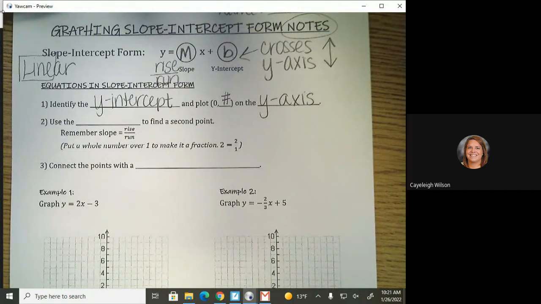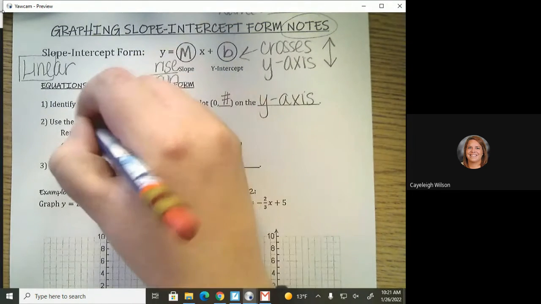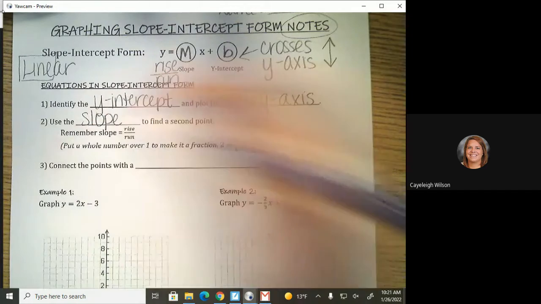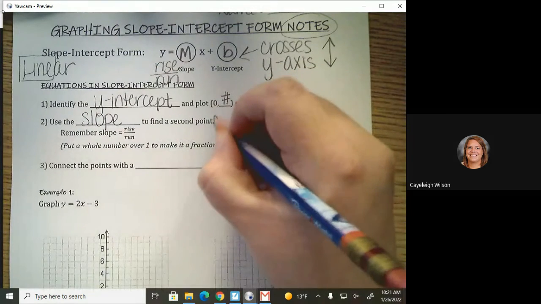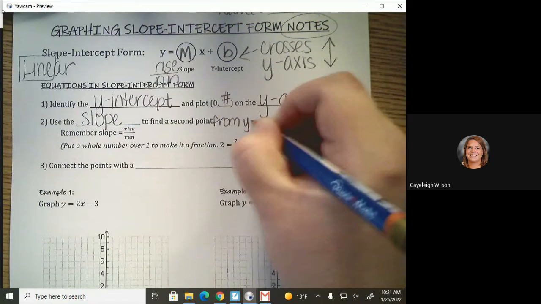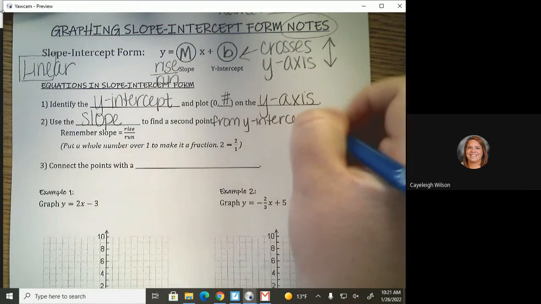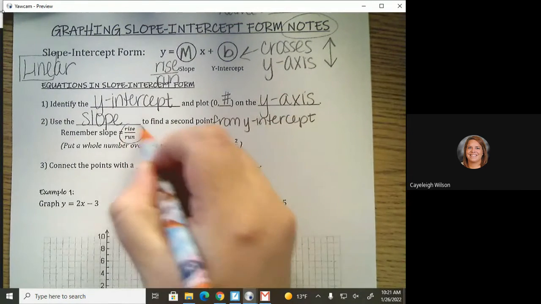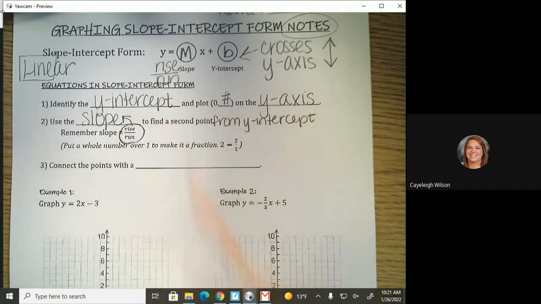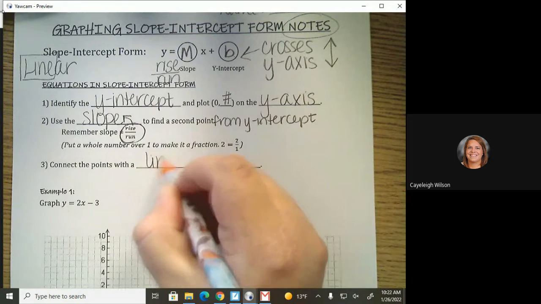Step 2, after you put that y-intercept on the y-axis, you're going to use the slope to find a second point from the y-intercept. And remember, we're going to count slope as rise over run. The last thing we're going to do is connect the points with a line.